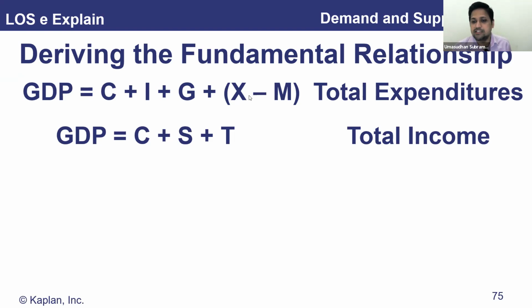Right, so now there's a question here: what if the imports are higher than the exports? I'm trying to clarify that. Your trade account, we call it the trade account, we will talk about it in detail in balance of payments towards the end of the economics study session.